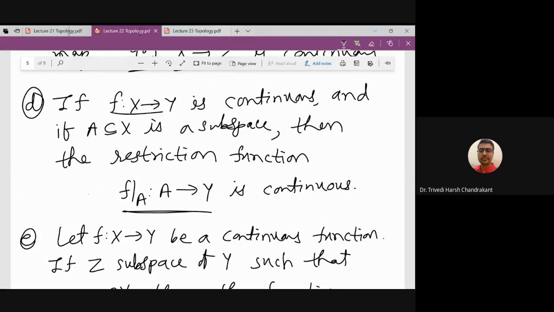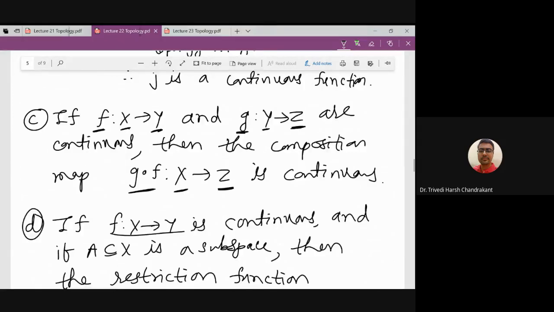The restriction of f to A at x is f(x) for all x belonging to A. So this is the definition of the restriction function.